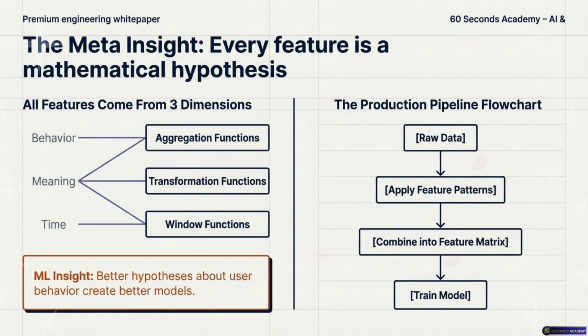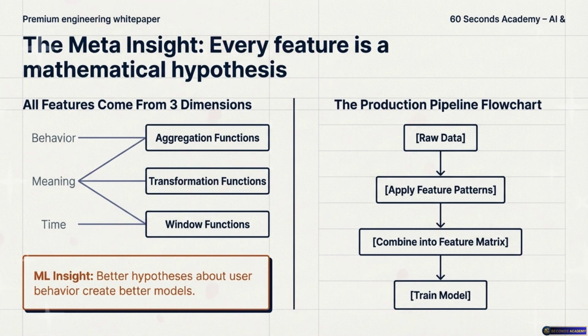You're hypothesizing, I believe that a user's password reset frequency over the last 7 days is a strong predictor of their future engagement. But what if your hypothesis is completely flawed? Let's say you assume a high count of password resets means they are highly engaged with the platform, when in reality, it just means they're trapped in a confusing, frustrating user interface loop. And your model will be terrible.